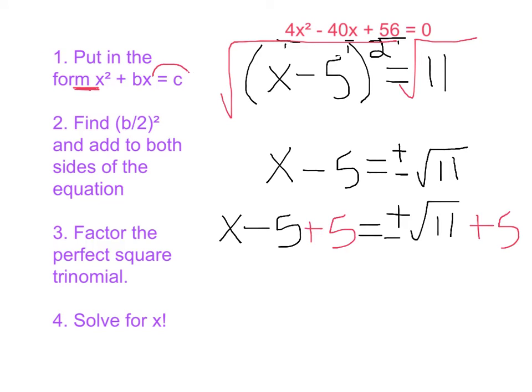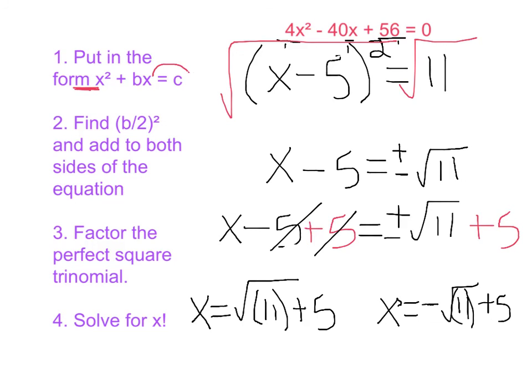Now I have to add 5 to both sides to cancel them out on the left, and I have plus or minus the square root of 11 plus 5. To get my two solutions, you just consider one using a positive square root of 11, and then get your other one when you consider negative square root of 11. So for 1, I have positive square root of 11.